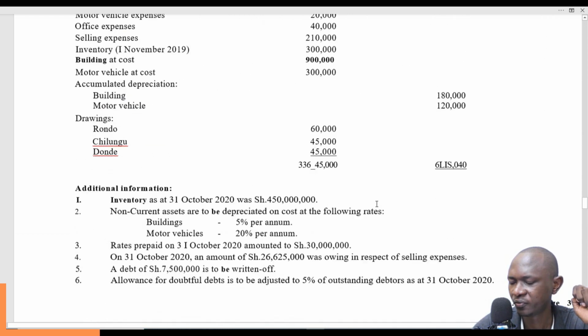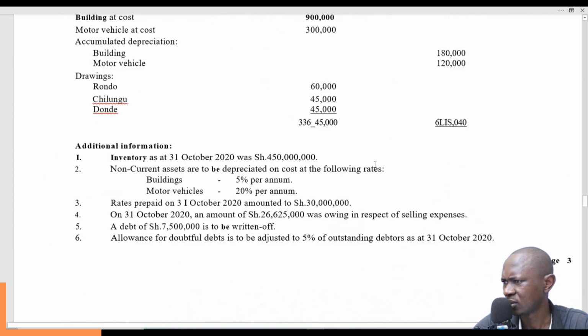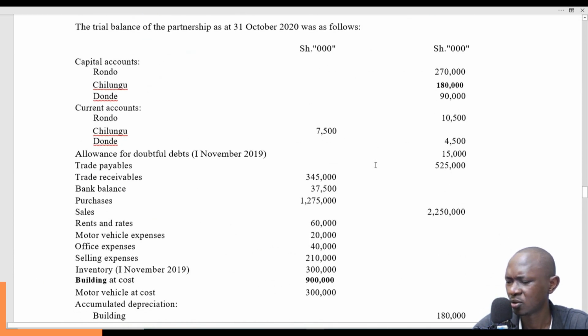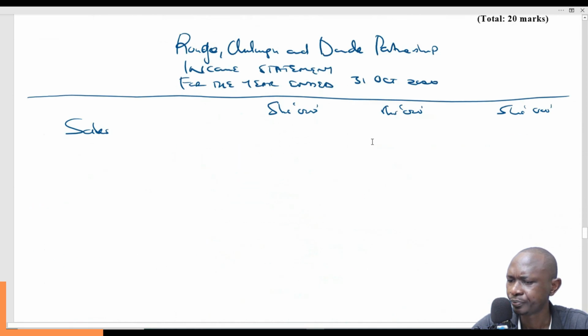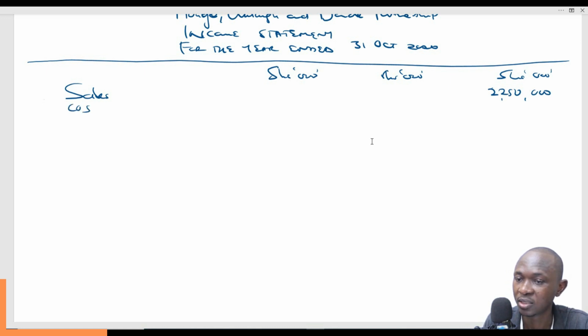So sales 2250. And we are restricting our zero. Let's just check. They have also restricted their zero, so it means the figures are in billions. So sales 2250, like that. Then we go to cost of sales. Under cost of sales, we have opening stock.